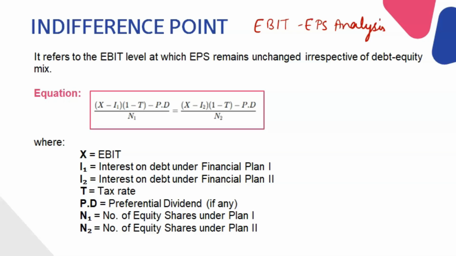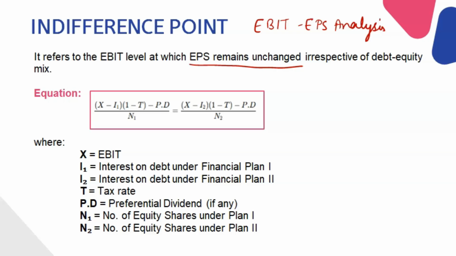Now indifference point means there's a certain point at which EPS remains unchanged. As you have seen earlier, if EBIT is given and we have to calculate EPS, we have different alternatives.